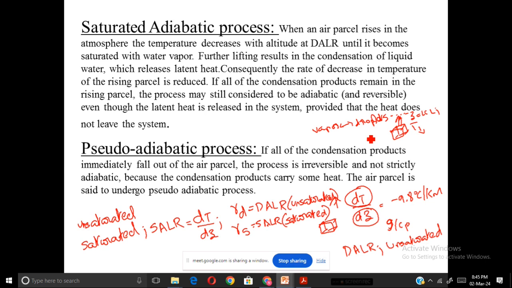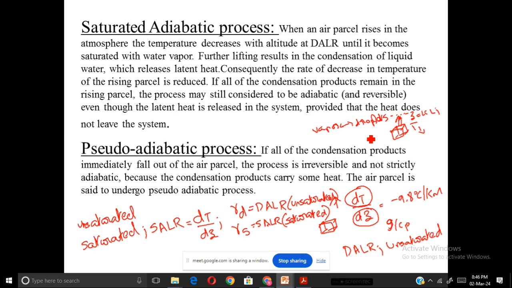Cloud droplets or water droplets are formed in the parcel, but it is not raining out. Whatever is produced is staying in the parcel itself. So the process may still be considered adiabatic. It is still adiabatic and reversible, since whatever is produced is staying inside the parcel. It has not left the parcel. So in that case, we say that the process is still adiabatic and reversible.